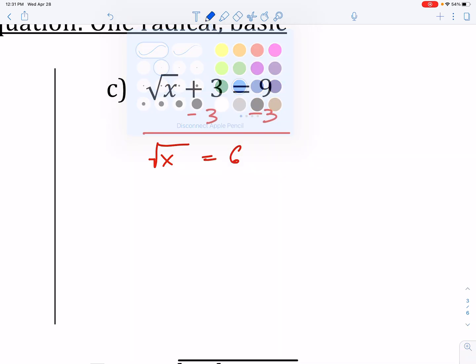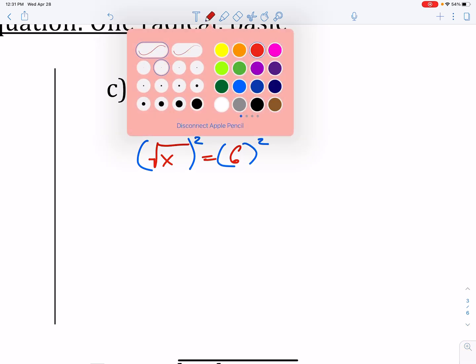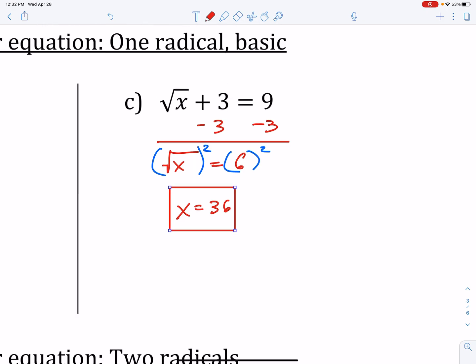And now to get rid of that square root sign, I just square both sides. And now I have x equals 36, and we're done. So there's a little bit of a step to do beforehand. And I cannot draw a square. There we go. And that's going to be our solution.